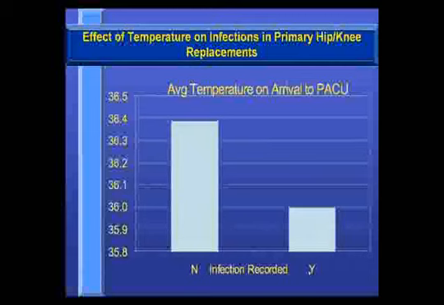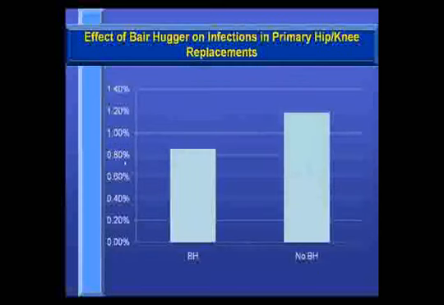If you look at all the patients, and this is about 100 patients who had infections, their temperature was closer to 36 degrees. So I think clearly, in our practice, just like anybody's practice, temperature does have an impact on the rate of perioperative infections.